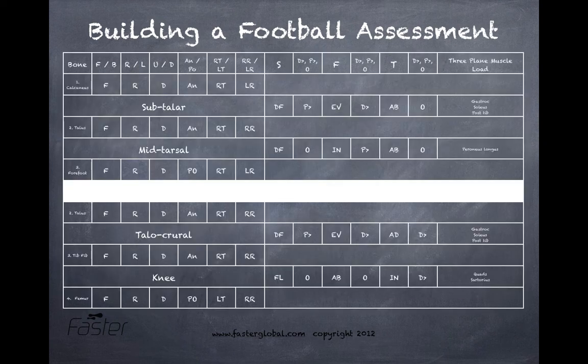So if we just move on, this is our left foot. The left calcaneus, we're saying, goes forward, it travels right, and it travels down. Now we've put here that it right tilts, so it rotates anterior, so the knee looks like it's coming forward.